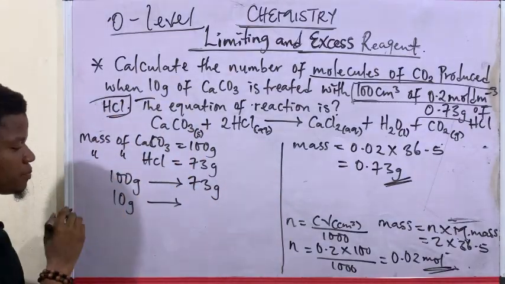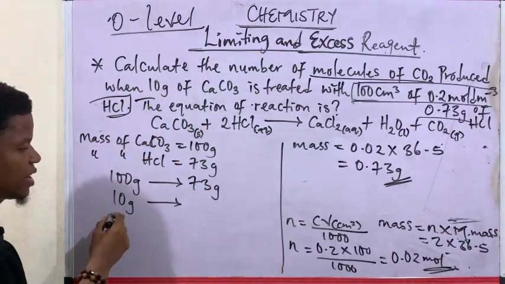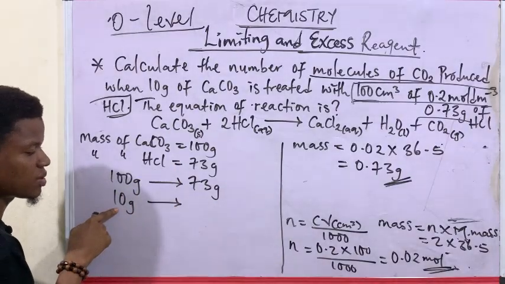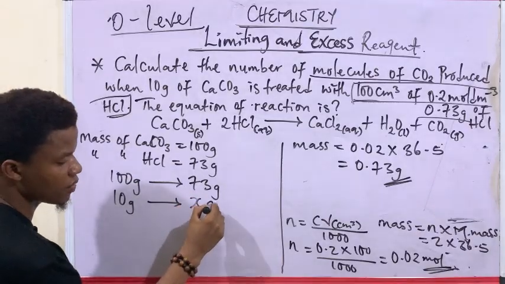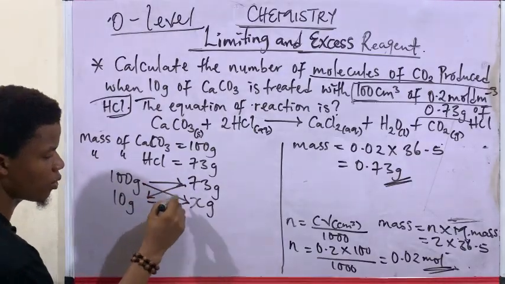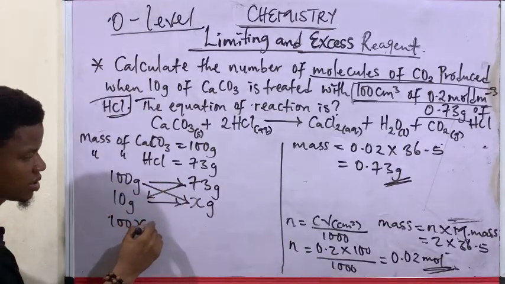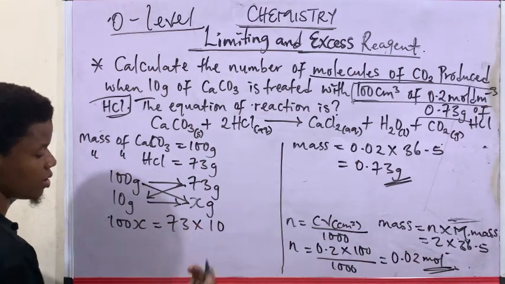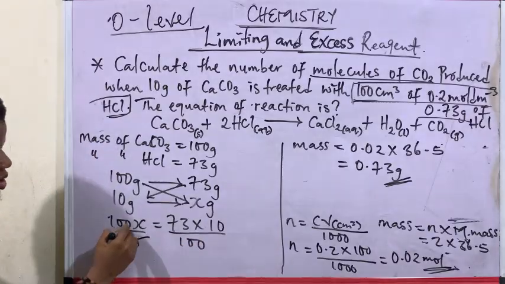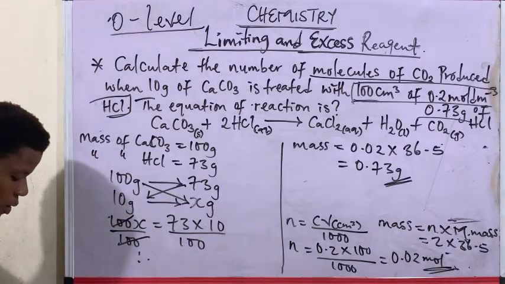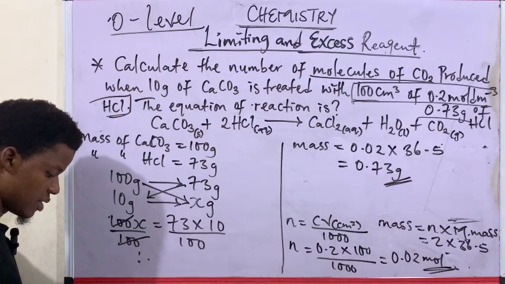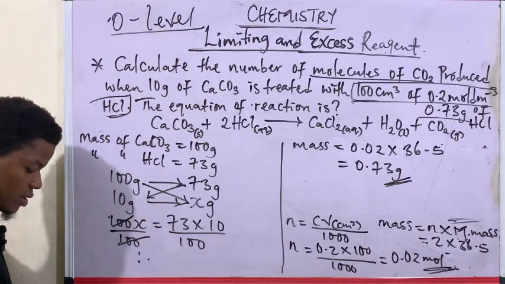Let us find the mass of HCl that will be required to react with 10 gram of CaCO3. We cross multiply: 100x is equal to 73 times 10, then divide by 100. The 100 cancels out 100, so we get 73 times 10, 730, divided by 100.